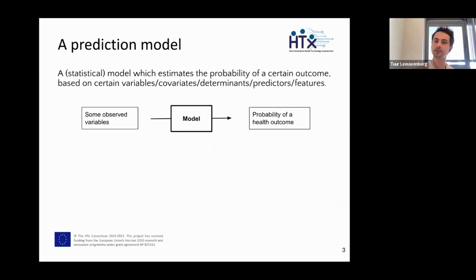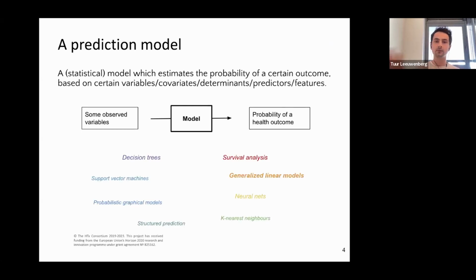And what is a prediction model? A prediction model estimates the probability of a certain health outcome, for example, a cardiovascular event, based on certain observed variables like maybe age or gender or whether you smoke or not. There are many ways to do this modeling step, basically.